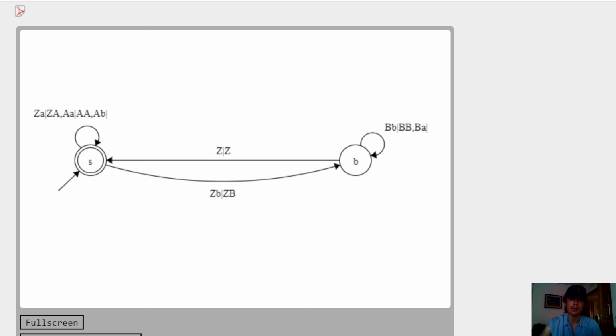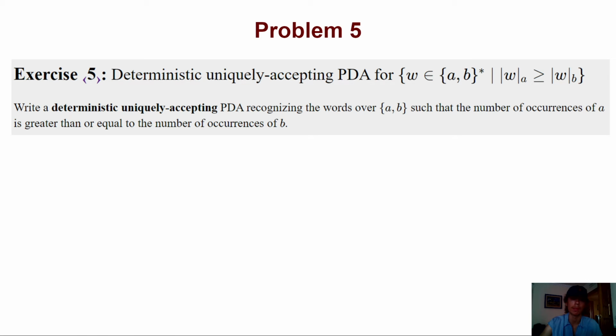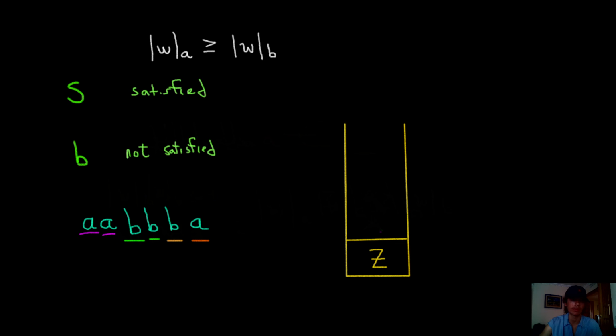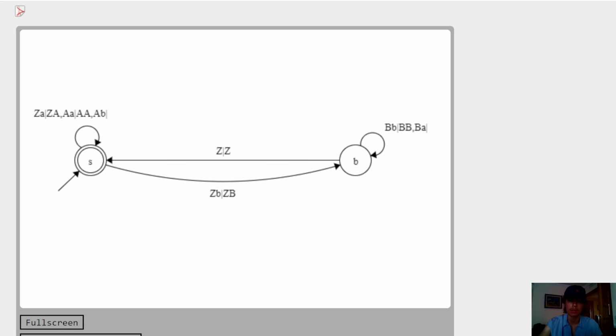However, at the end, after reading all the symbols from the input, we have z as the top of the stack. We have z as the top of the stack and we are not reading anything. There's no more to read. Then what will we do?